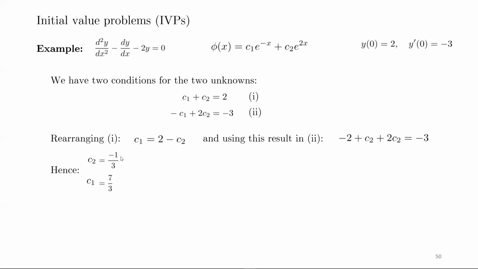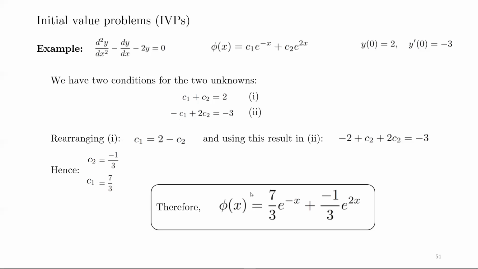So if C2 is negative 1 over 3, we get 2 plus 1/3. Hopefully you can see that these are the solutions to the system of equations. Feel free to double check my working and substitute these numbers into these two equations, I and II.